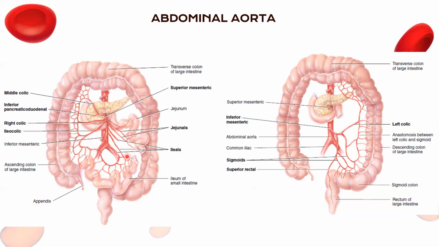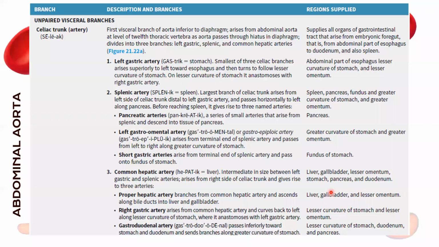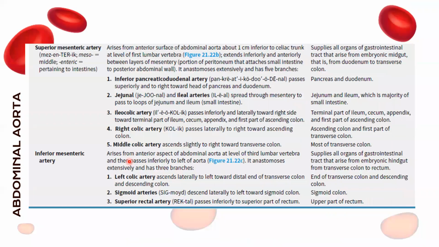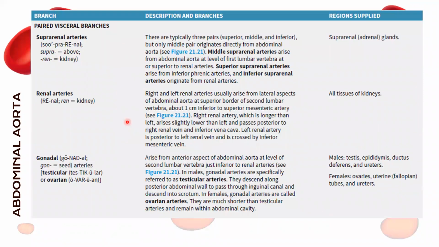So you could see here the different portions of your small intestine, jejunum and ileum, and it will have branches for your colon as well, or large intestine. And your inferior mesenteric artery will supply the hindgut, supplying the transverse colon, descending colon, sigmoid colon, and even your rectum. Again, the different branches of your unpaired visceral branches, celiac trunk, its branches, superior mesenteric artery, its branches, and inferior mesenteric artery and its branches.